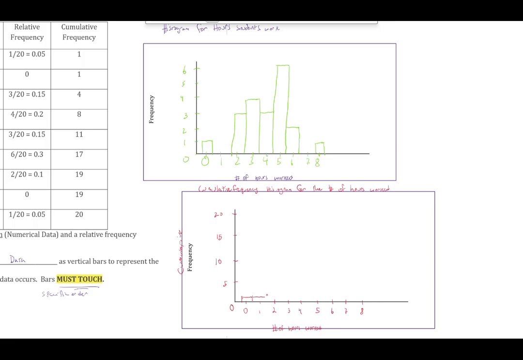And then at 2, our bar has to go up to 4, so just below 5. And then for 3, it has to go up to 8, just below 10. And then for 4 hours worked, it has to go up to 11. For 5, it has to go up to 17.